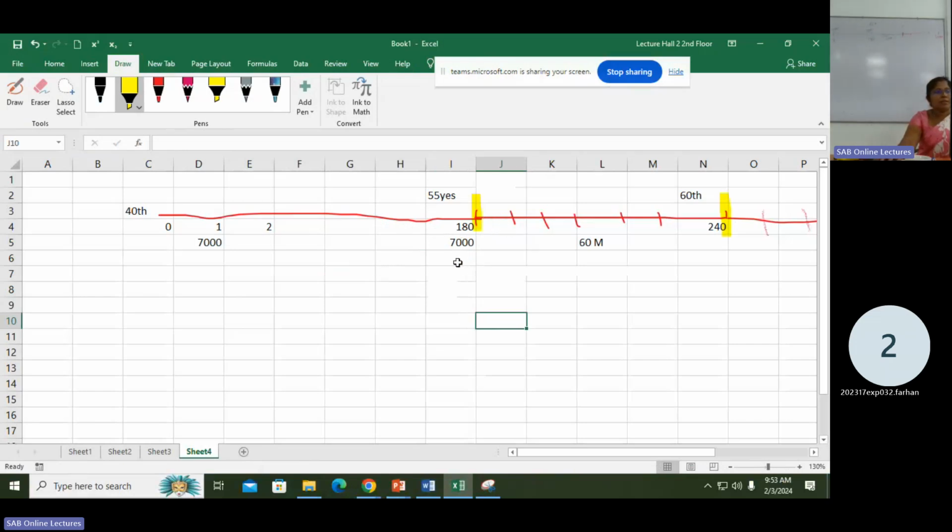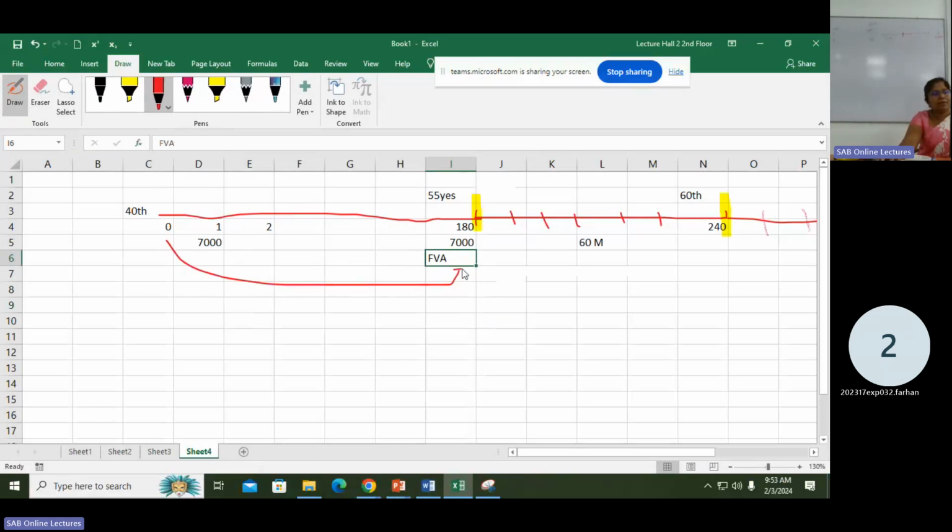This is the future value of annuity. You deposit 7,000 for 180 months, so you can calculate the accumulated value for this period.